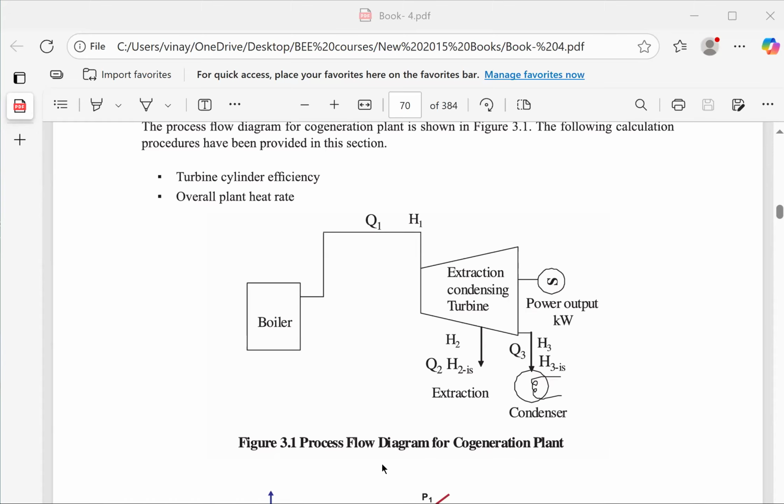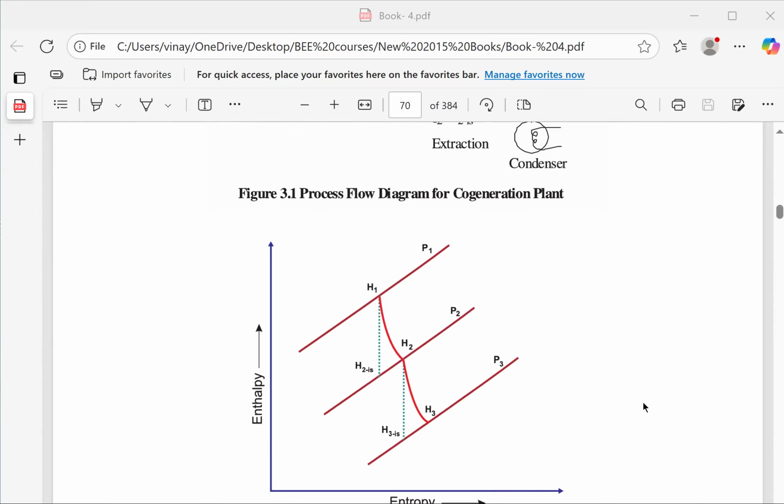This is the process flow diagram of a cogeneration plant, where it is a topping cycle. That means first electricity is generated and the tapping from heat then goes to the process. So this is a topping cycle for a cogeneration plant.